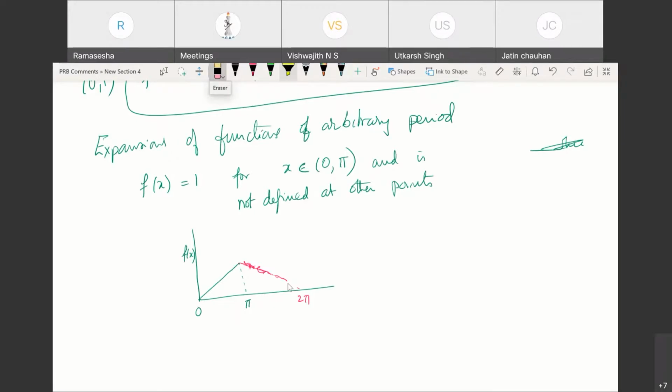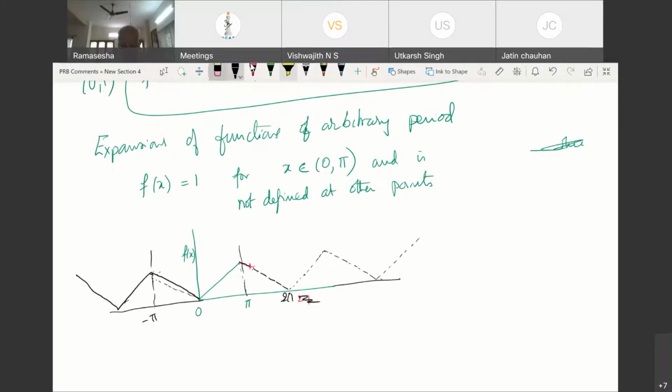So we will see that between minus pi and pi, the function is even.